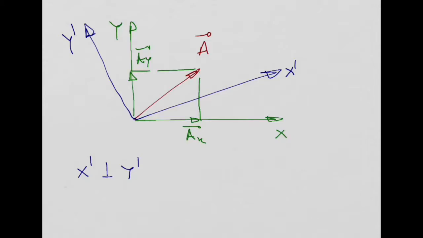My question is, do you think the vector A that you have here in red will be different just because I'm describing it in a different coordinate system? Or is it going to be the same vector?